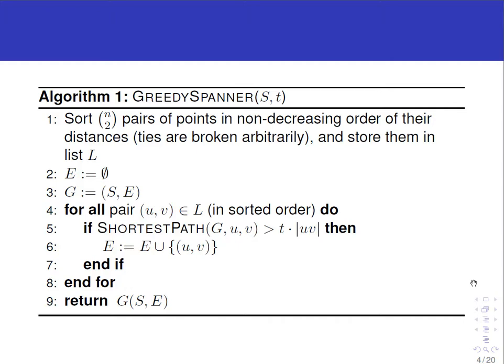For a pair U, V, the algorithm adds the edge UV to the set E if there is no t-path between U and V in the graph computed so far. The generated graph is called the path greedy spanner, and for short, the greedy spanner.